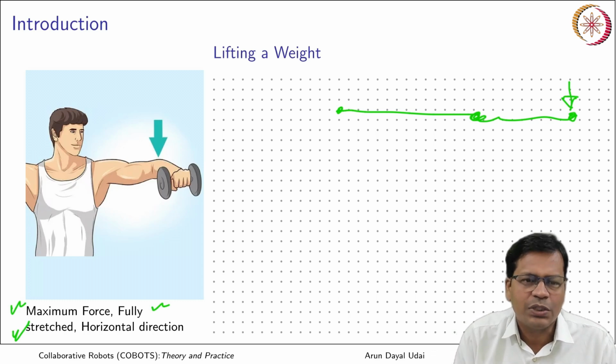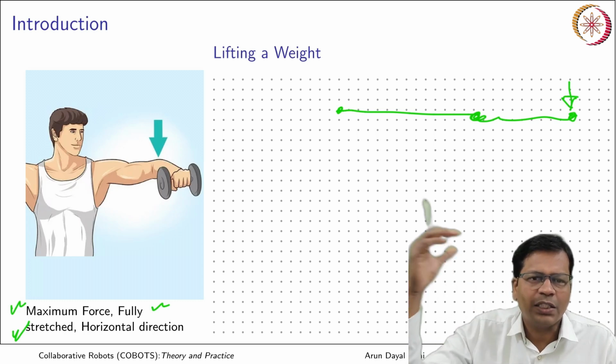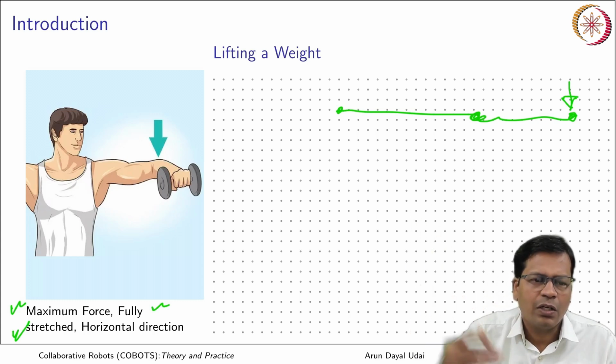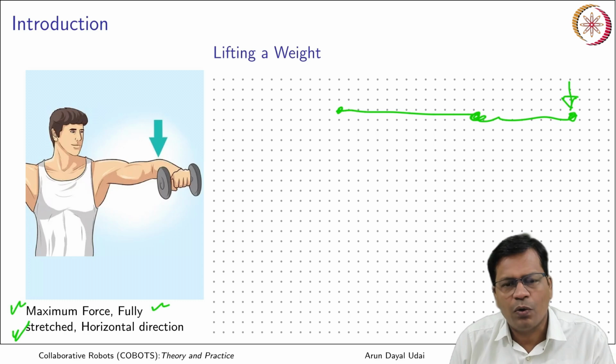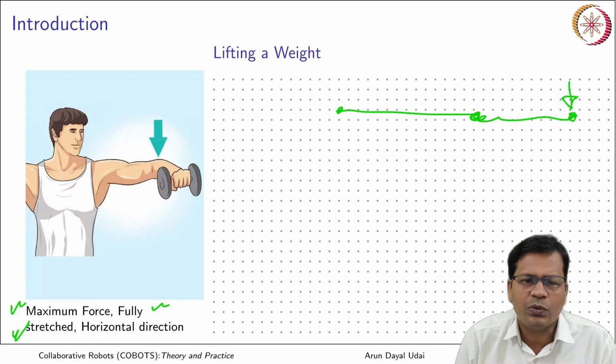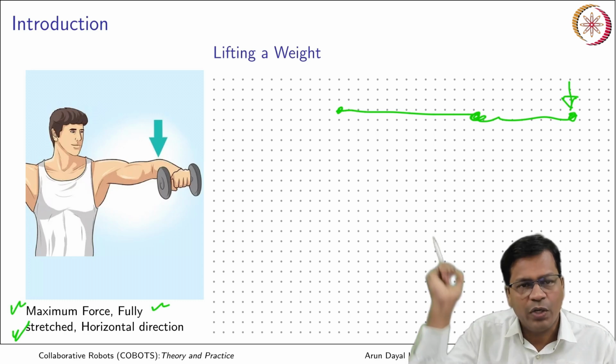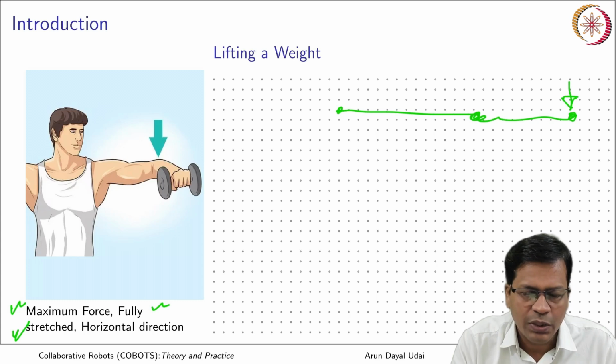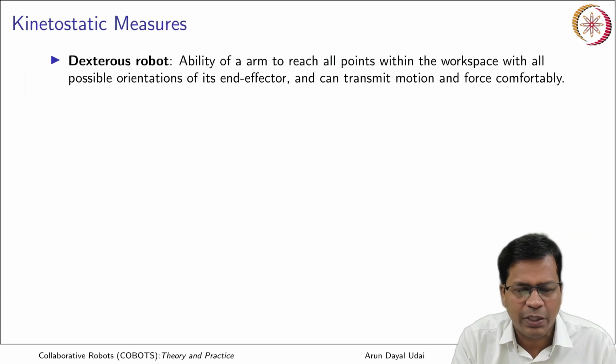So these are a few instances where you notice that the configuration of your arm affects a lot how much maximum force you can apply and what velocity you can give. With this as a background, let us begin.